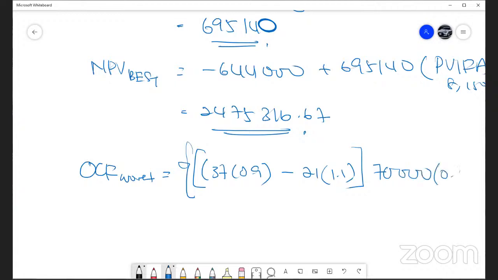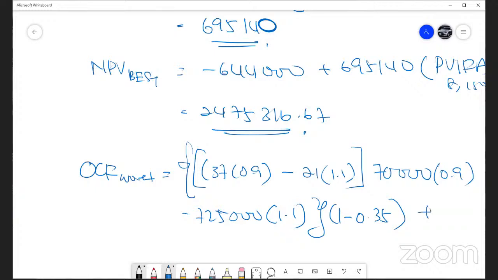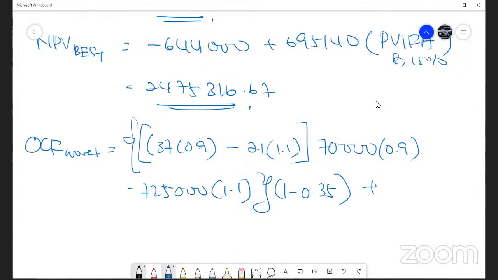Units also drop by 10%. Cost will go up. Cost went up. Depreciation remains the same. This gives you a new OCF of worst, which is negative 72,510 for the next 8 years.